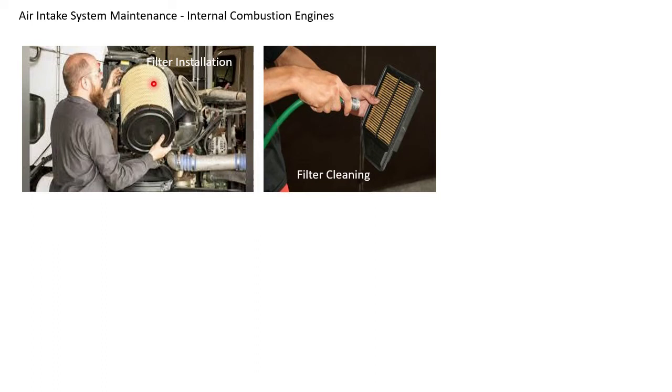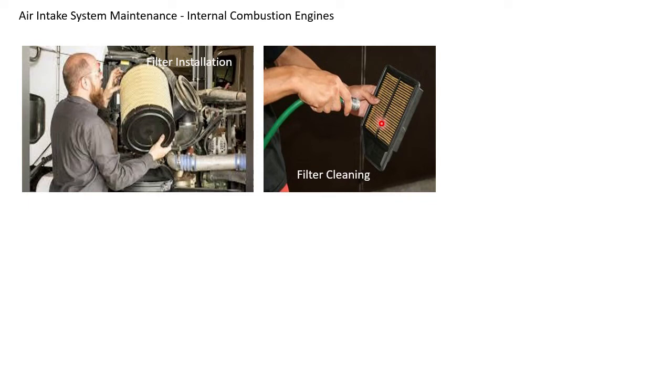By mistake also, it should not be cleaned with compressed air in the direction of the airflow. What happens if we clean in the same direction? Whatever dust particles are sticking on the paper will further stick to the paper. And also we should never use high pressure for the cleaning, because usage of high pressure causes puncture or damage of the filter element.